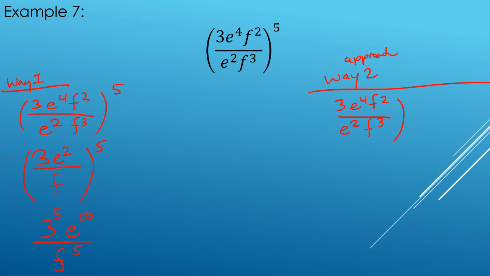Okay, like this. So start by multiplying all the powers by 5. So we have 3 to the fifth, e to the 20, f to the 10, over e to the 10, f to the 15.